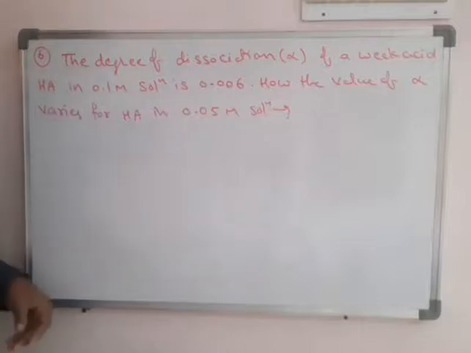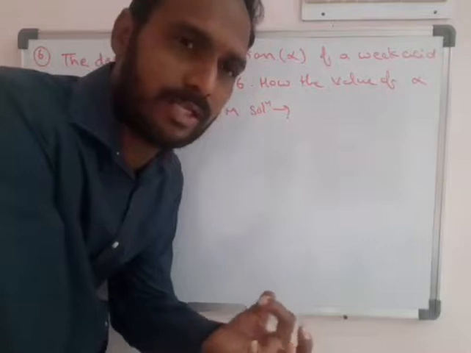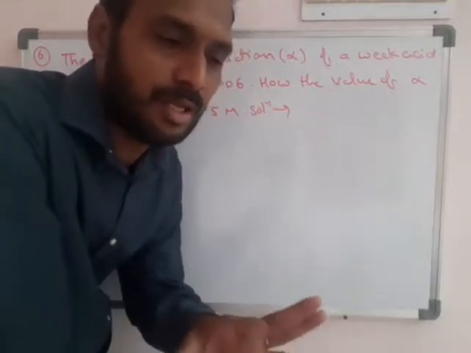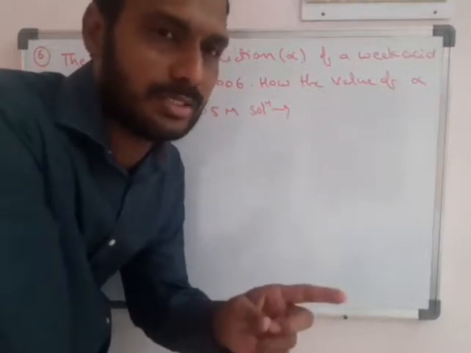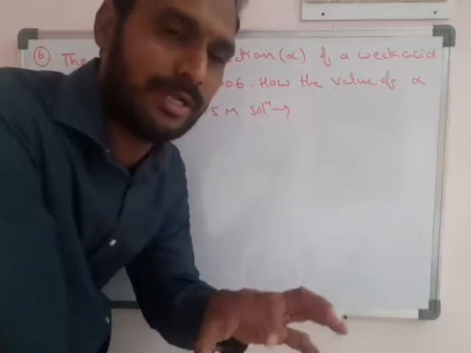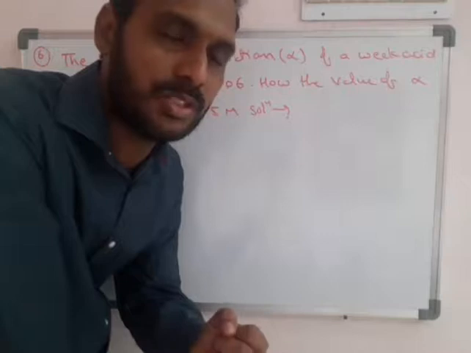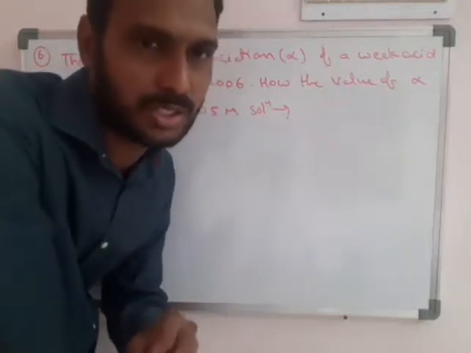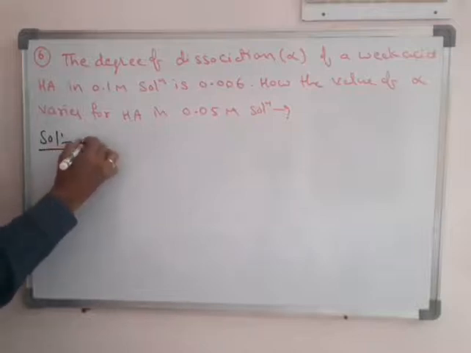So here we are comparing the concentrations of the same acid. The given acid is HA. We have to know the relation, because at a particular concentration its alpha is given, and we have to find alpha at another concentration. We know that alpha depends on the concentration, but we have to get a formula for how.